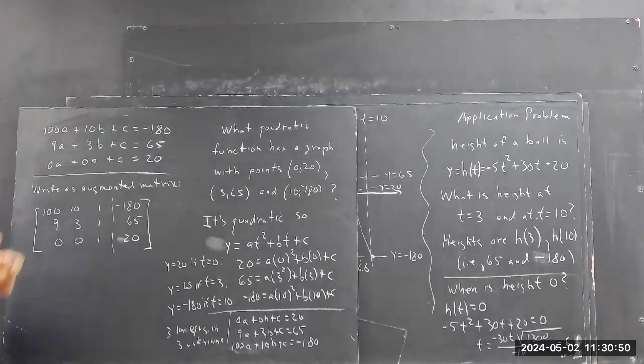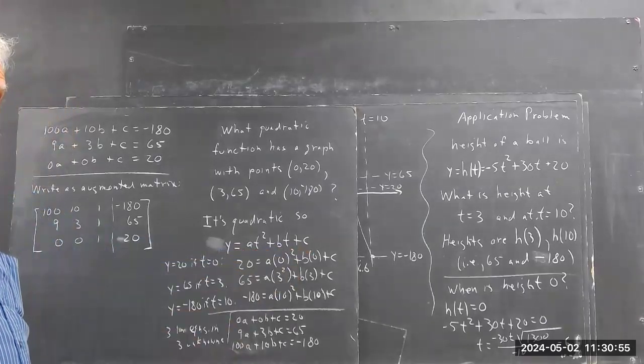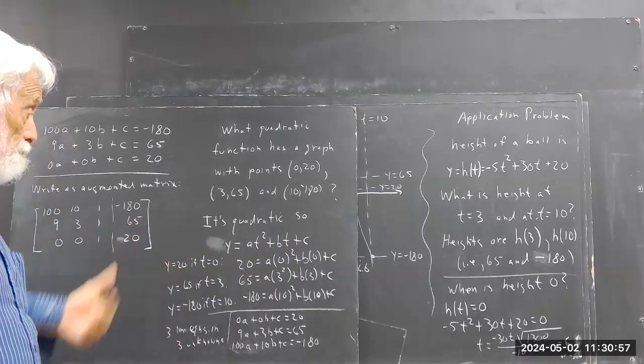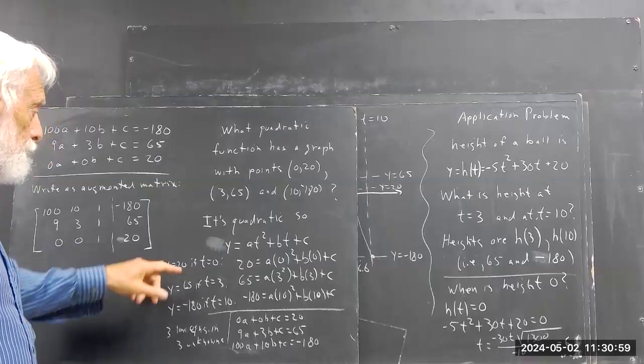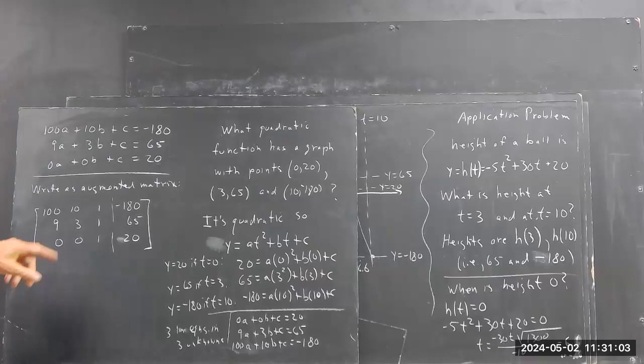Okay, in order to do that, you assume this form. You plug in the y and t value for each point. We get 3 equations, and now we solve those 3 equations.